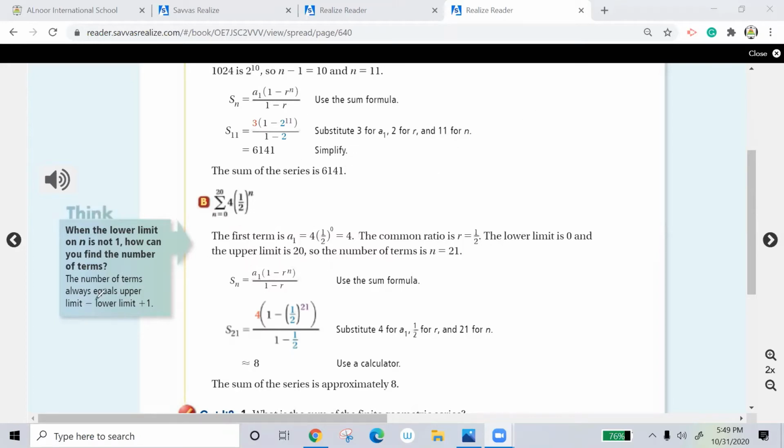So this time we have 20 minus 0, which is 20, and 20 plus 1 is 21. So the number of terms here, our n, is 21.